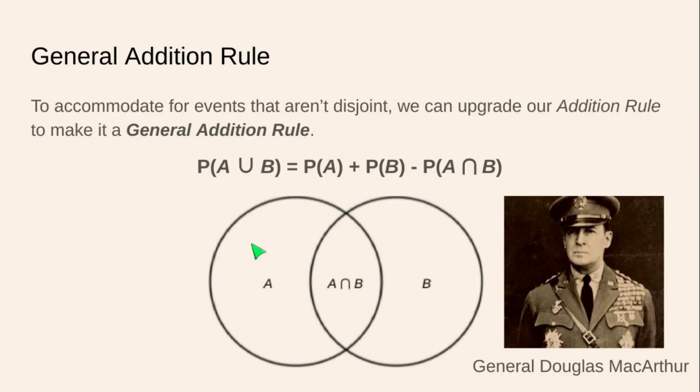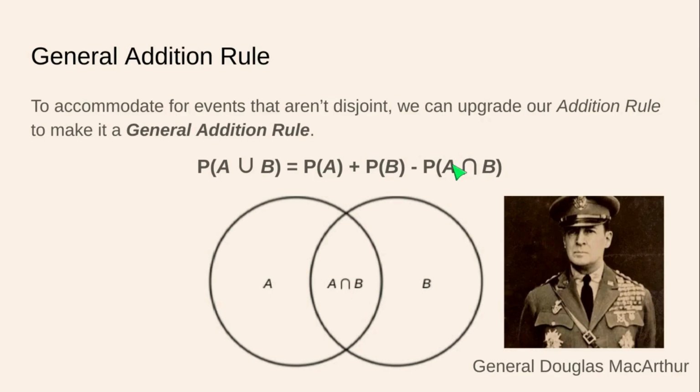In this first circle is the set of all events that include A, or that would satisfy A. Here's the set of all the events that would satisfy B. Here's the set of all the events that would satisfy both. If I want to find the probability of A or B, I want this circle and only include the intersection once.